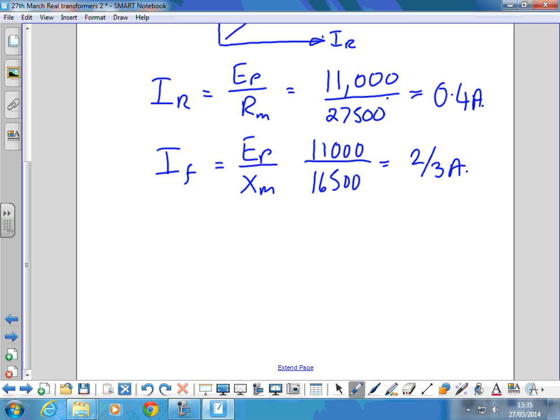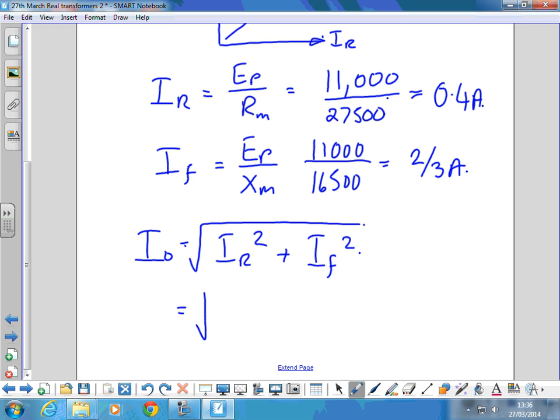So now we can find IO, because it is the square root of IR squared plus IF squared. We're taking the angle into account by the fact that we're doing Pythagoras.